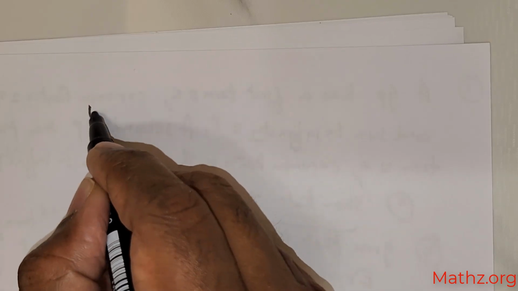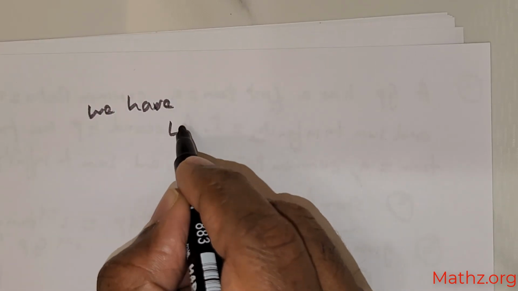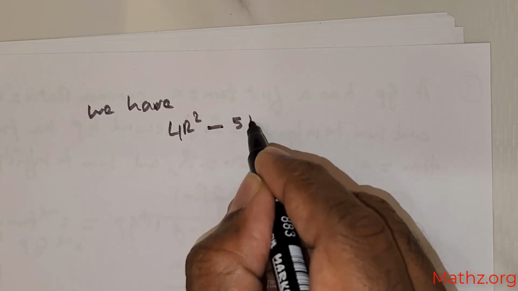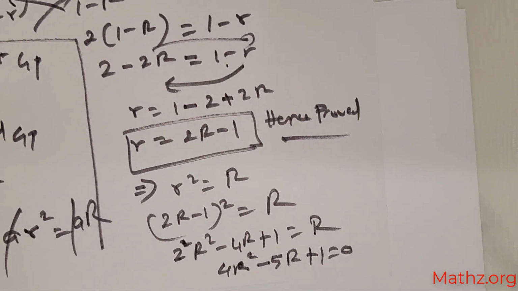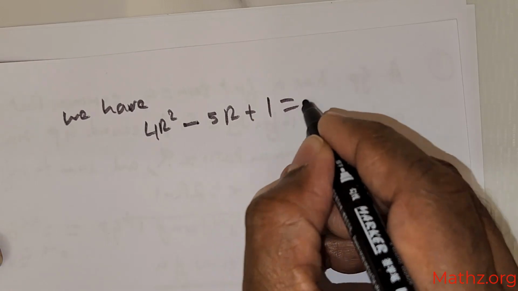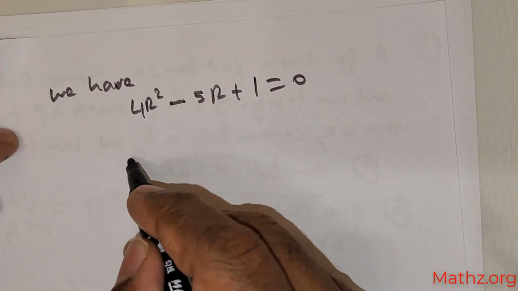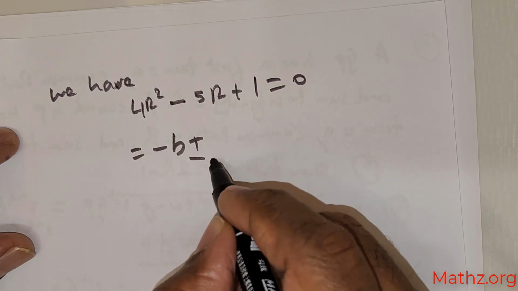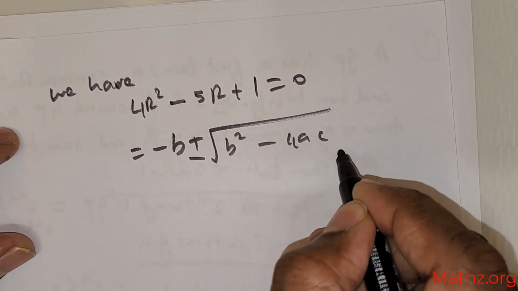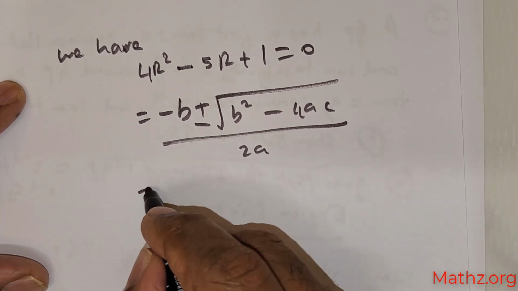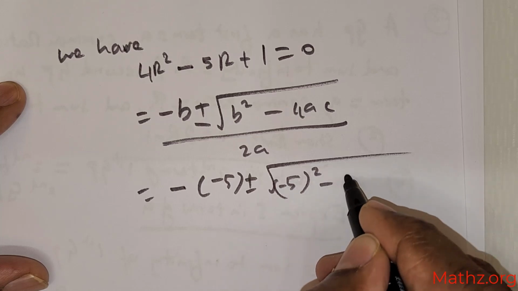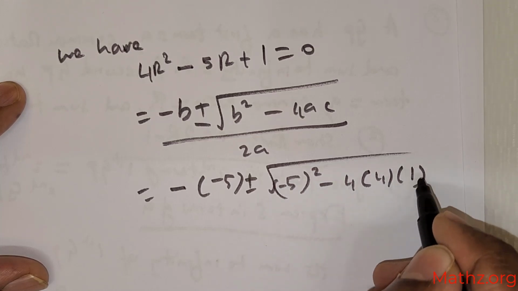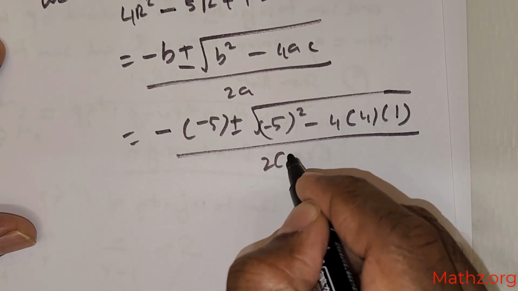So what do I have? We have 4 times r squared, minus 5 times r, plus 1 is equal to 0. So I'm using the quadratic formula, negative b plus or minus root of b squared minus 4ac, divided by 2 times a, which is negative of negative 5, plus or minus root of negative 5 squared minus 4 times 4 times 1, divided by 2 times 4.